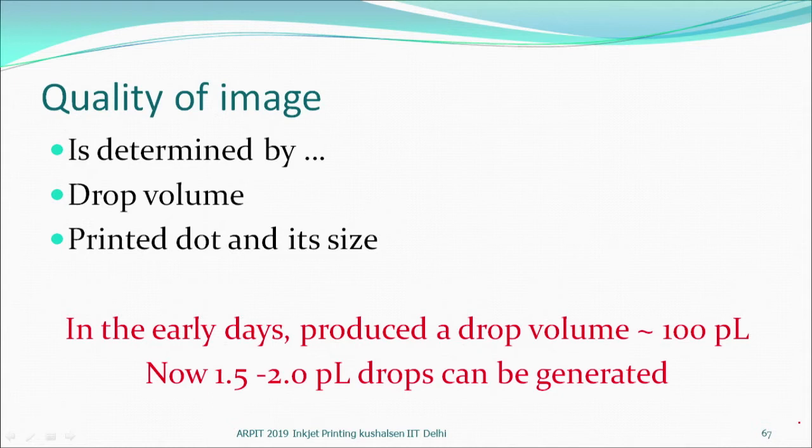Now, one can actually think of very small drop volumes which could be as low as 1.5 to 2 picoliters, and that means the dot which is generated will be of small size. What it also means is how many such dots can be placed in one unit area. So, that technology has been refined quite a lot, but the sharpness of the image depends on the resolution, the drop volume and the dot size.